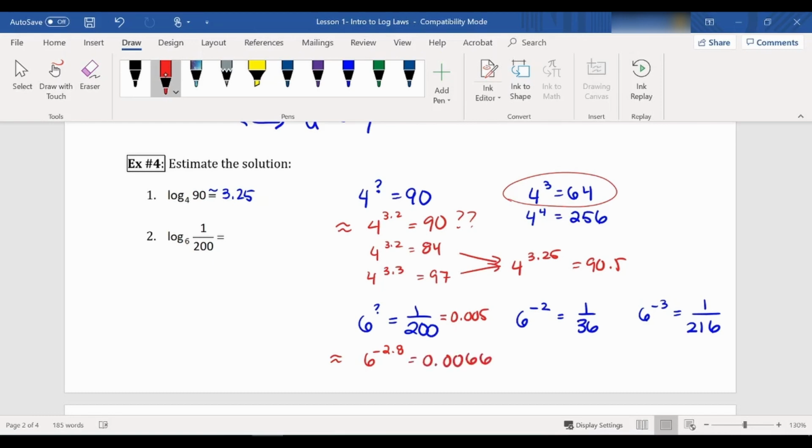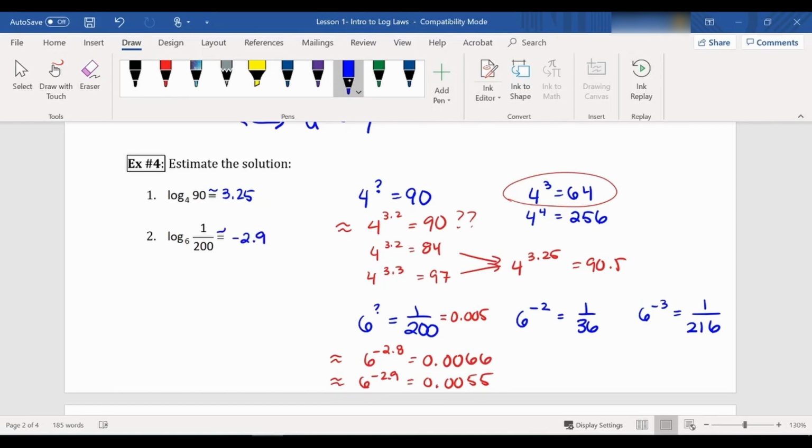So not bad, but I want to be a little smaller. And so remember, if you're dealing with negative exponents, that means my exponent needs to get bigger. So I'm going to try about 6 to the negative 2.9, and let's see what that is. And that's what I get if I plug that into my calculator, which is pretty close. So I'm going to say that's a good enough answer. So this is approximately negative 2.9.